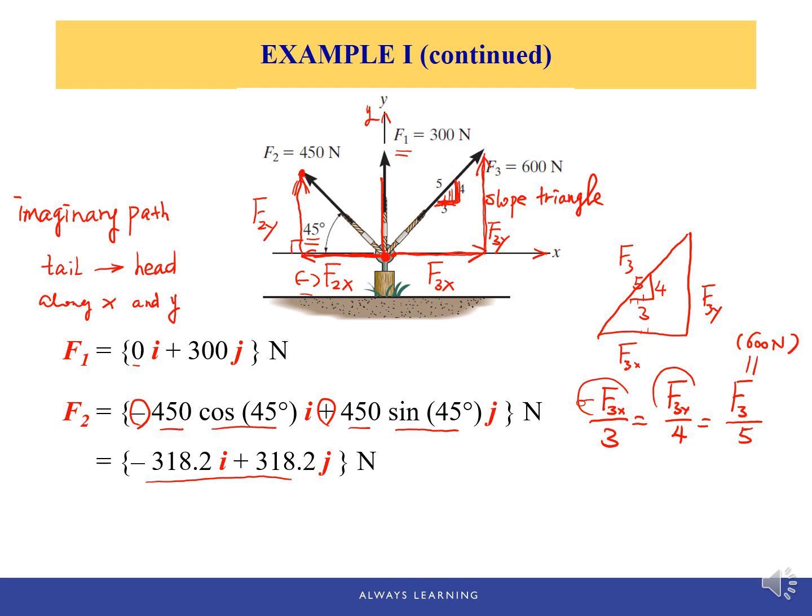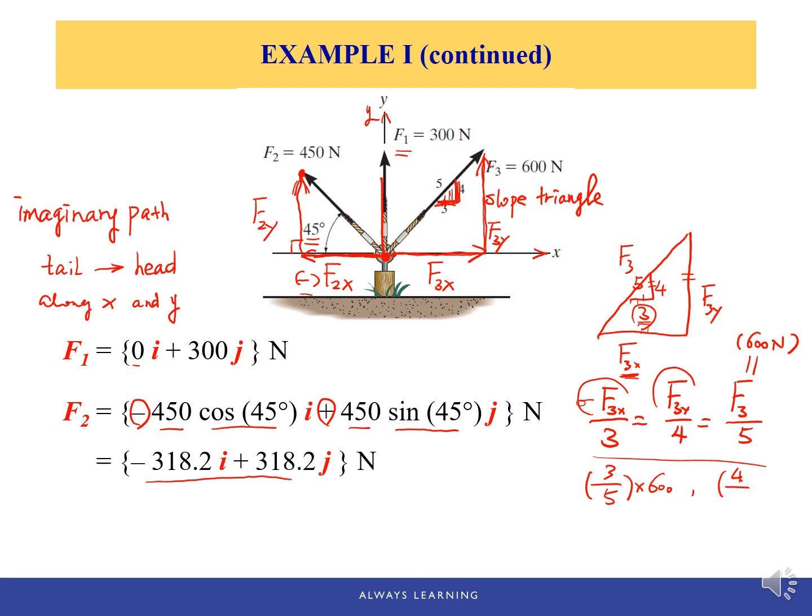Okay, so for F3x, after you get familiar with this type of problem, you don't have to write down this ratio, because F3x is the corresponding side to number 3, right? So the magnitude of F3x will be 3 over 5 times 600. And same idea, F3y is the corresponding side to the side with the length 4.